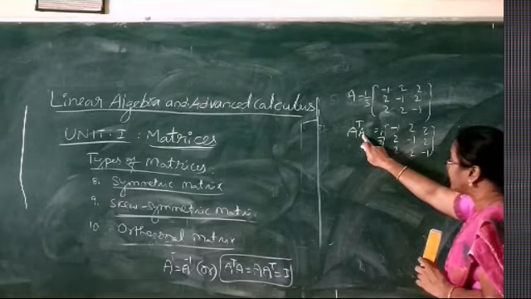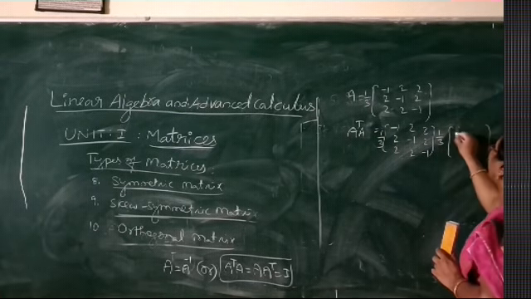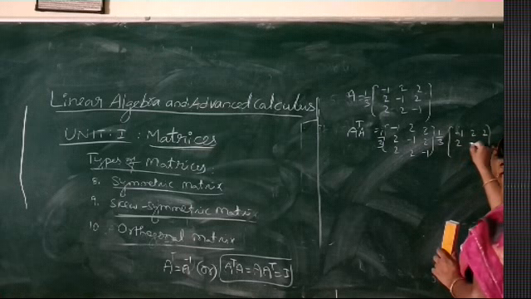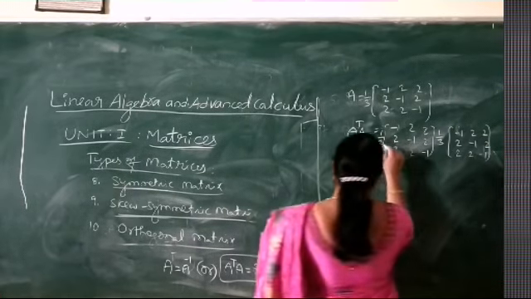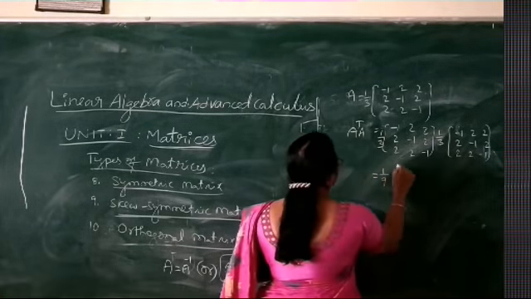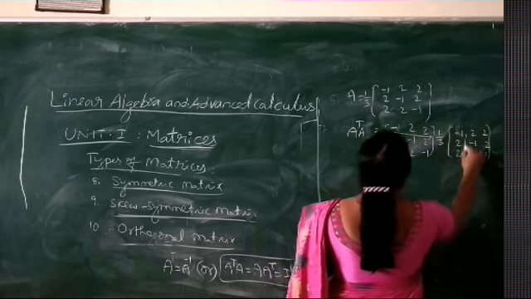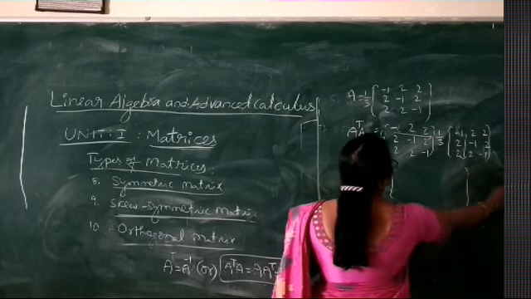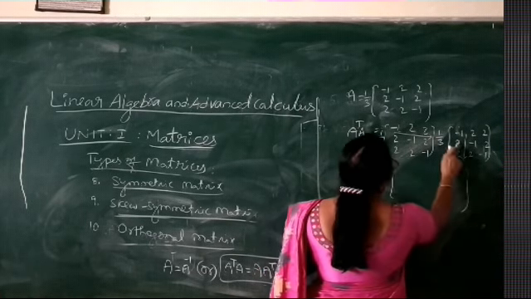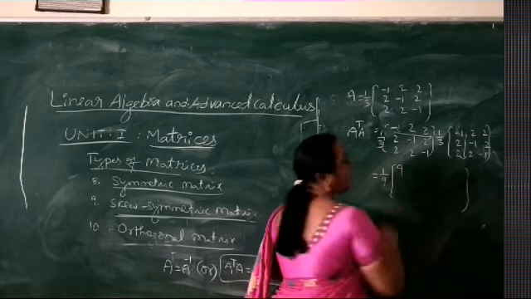It should be multiplied with A. So again we rewrite 1 by 3 of the same matrix: minus 1 2 2, 2 minus 1 2, 2 2 minus 1. Let us multiply. 1 by 3 into 1 by 3 gives 1 by 9, and let us check the product of the two matrices. It is minus 1 into minus 1, 1, plus 2 into 2, 4, plus 2 into 2, 4, we are getting 9.